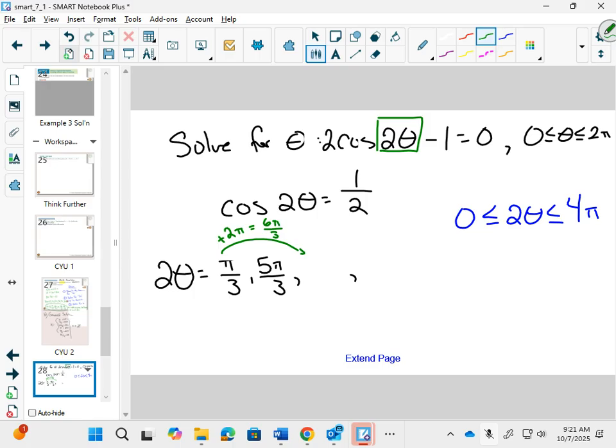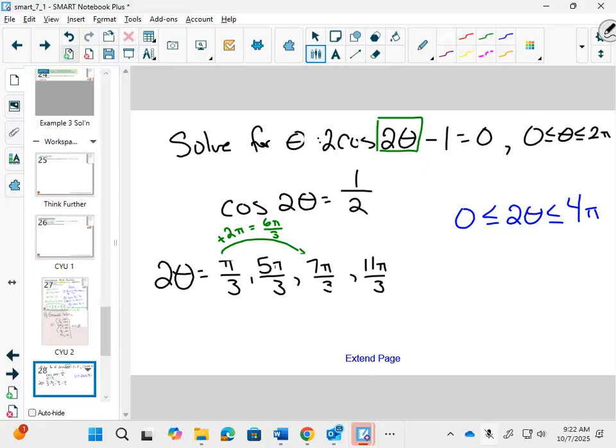If I have pi over 3 and I add 6 pi over 3, can you see that you would get to 7 pi over 3? If you have 5 pi over 3 and you add 6 pi over 3, you would get to 11 pi over 3. Do I have to keep going? No, because the first 2 was the first time around the circle. The next 2 are coterminal the second time around.